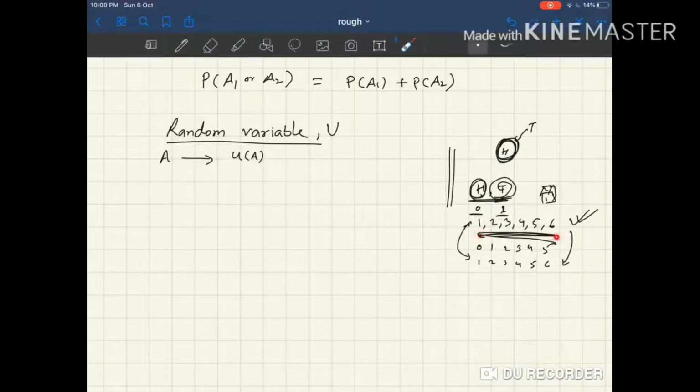Similarly, if you consider this one as your real values, the random variable U would contain 0 along with the information that 0 occurs with probability 1 by 6. Similarly 1, 2, 3, 4, 5, each with probability 1 by 6.